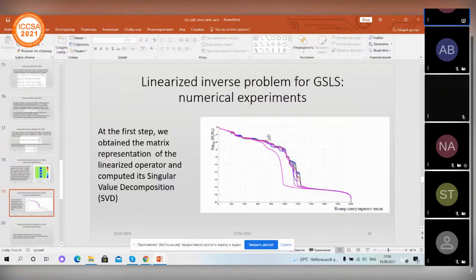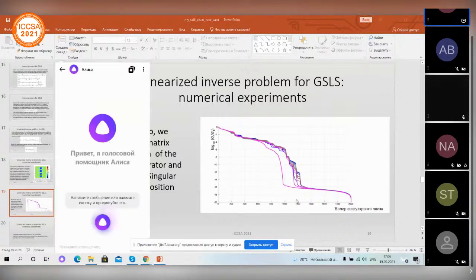We see that there is a very sharp decrease of the singular values.